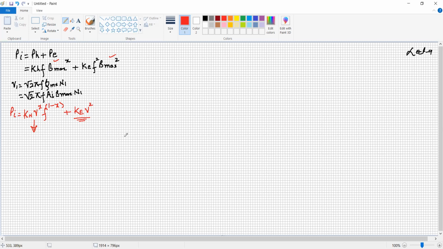Now there are two types of losses. One is the copper loss and second is the iron loss that has been discussed in the previous lecture. Now we will see the transformer efficiency.